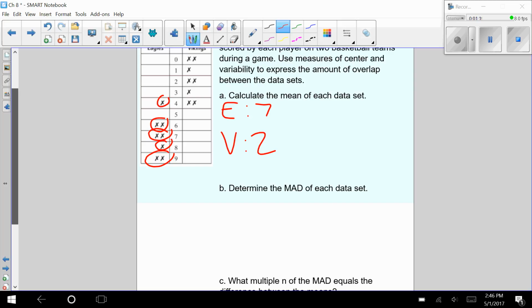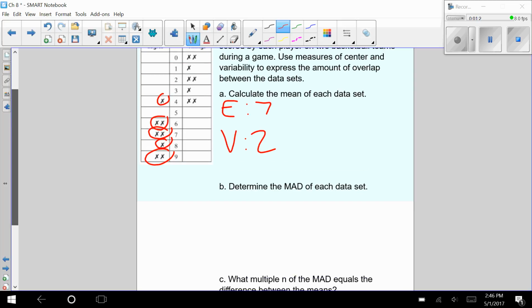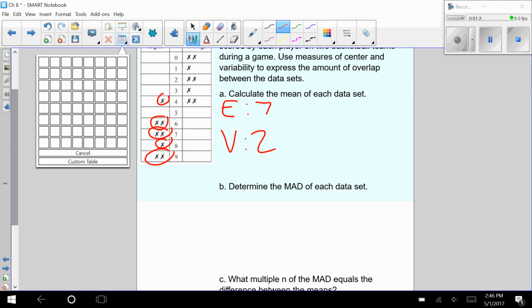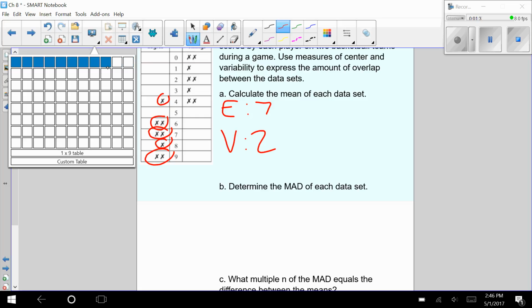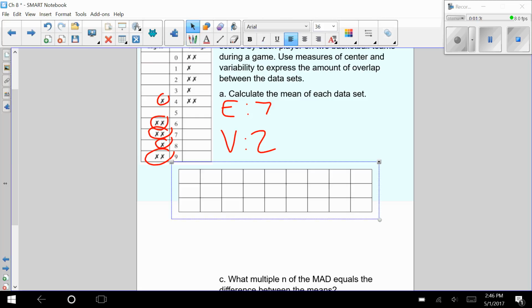To determine the MAD, I recommend making a table. Our table should be long enough to have enough spaces for every number. Since we have 8 data values, I'm going to make it 9 by 3.